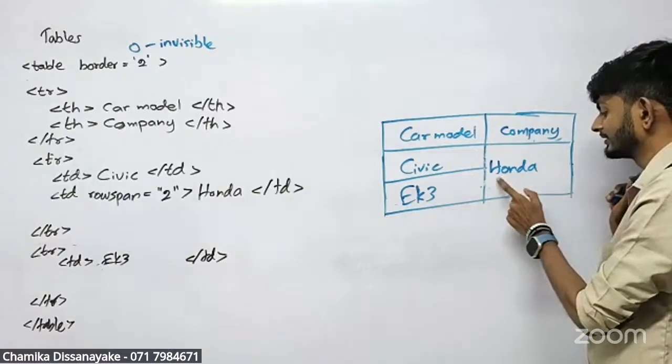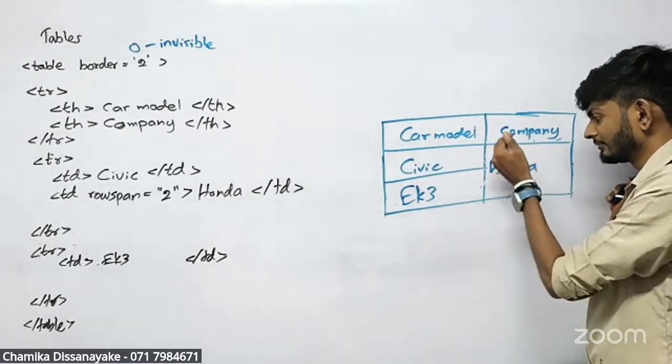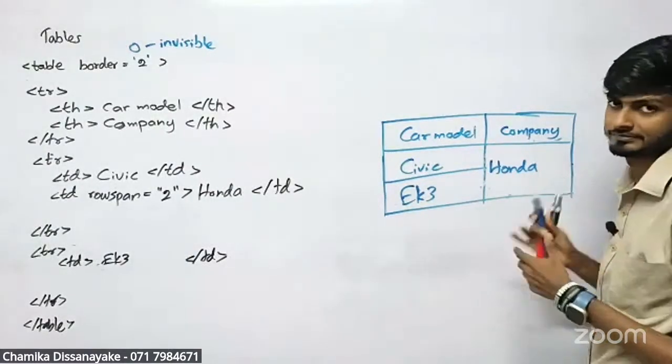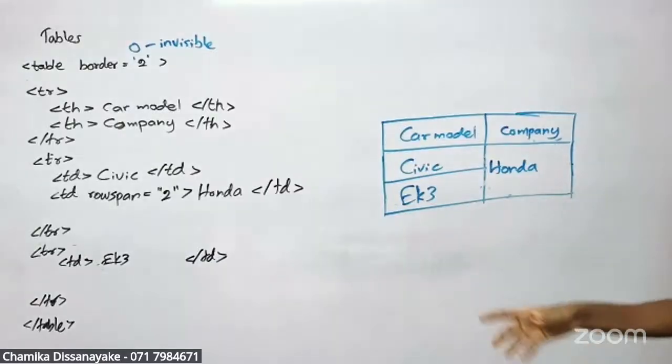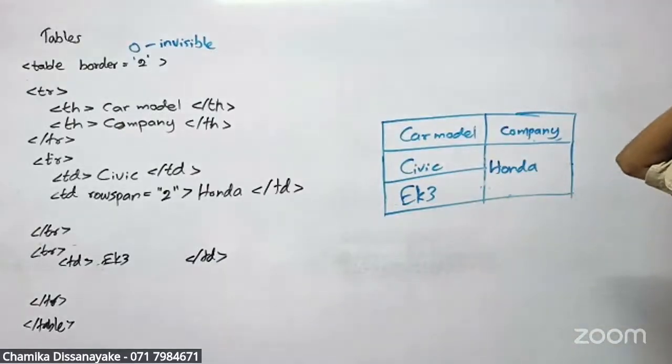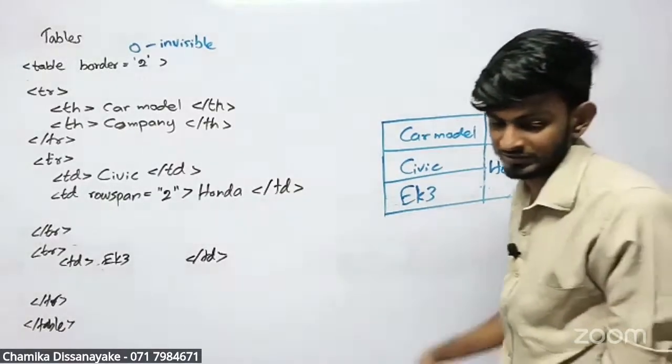From the width, it is not going to center. From the height, it will center, when you just rowspan something like this. Okay, so I think you can write this thing.